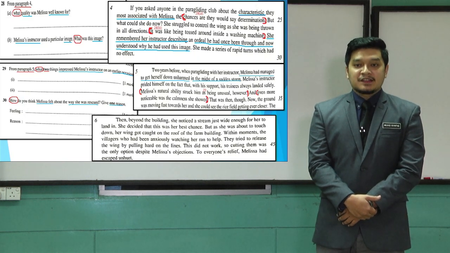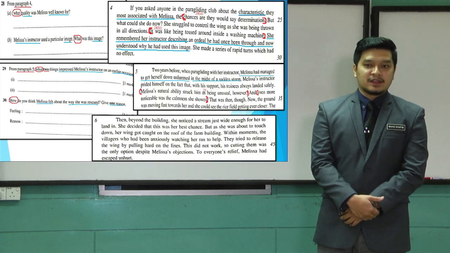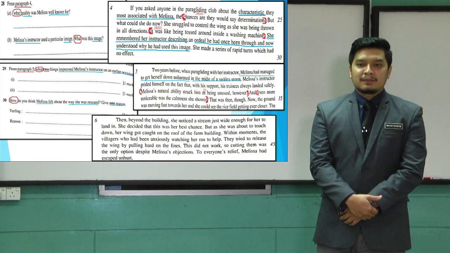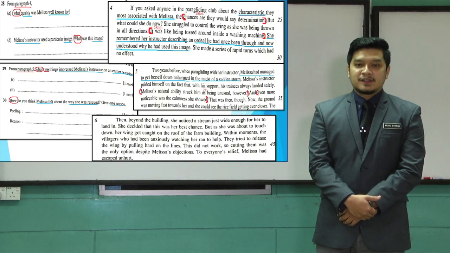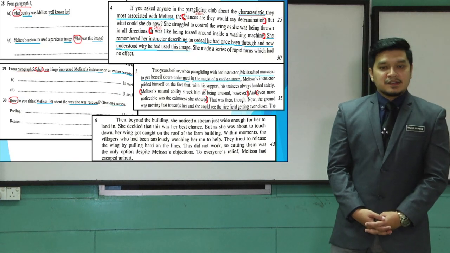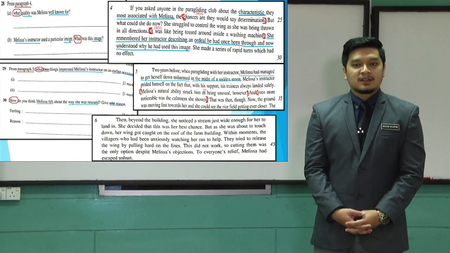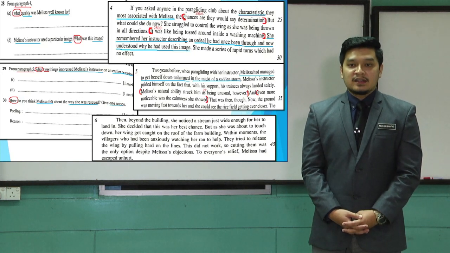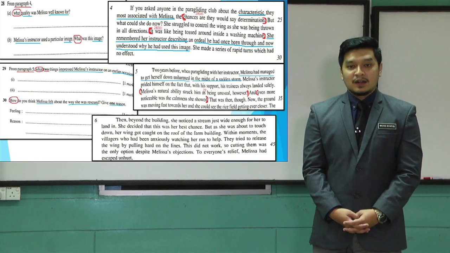Okay, that is something done by Melissa previously. However, that might not be the answer because it doesn't say anything about the instructor being impressed. Okay, so next sentence, Melissa's instructor prided himself on the fact that with his support, his trainees always landed safely. Okay, still there is no answer there.